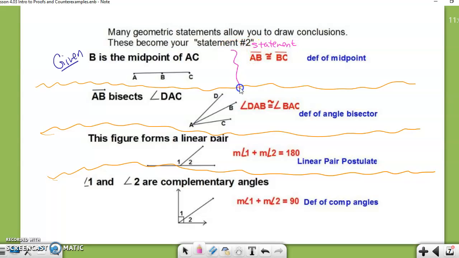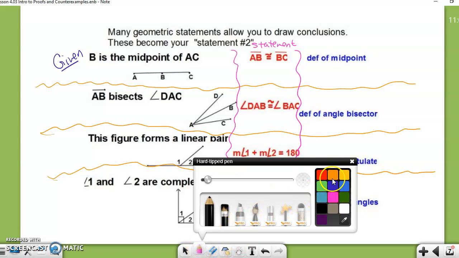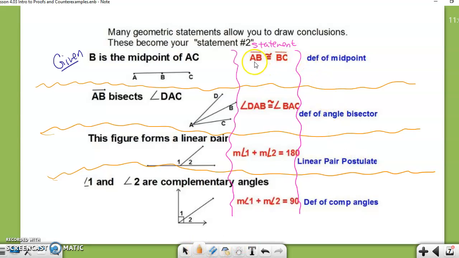So in the red here, we have our statements. And then finally, they'll say, well, why can you make that statement that AB is congruent to BC? Well, it's the definition of midpoint. B is the midpoint of AC, so I know by the definition of midpoint, that's my reason, that I can make that statement.